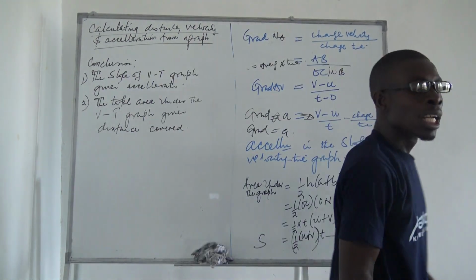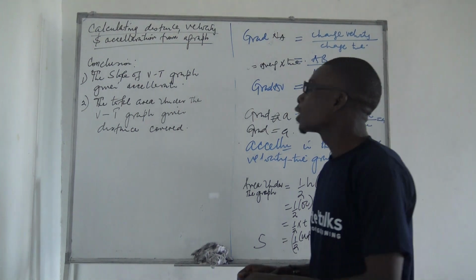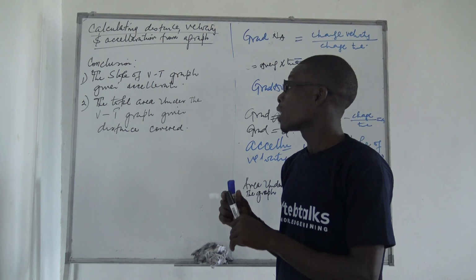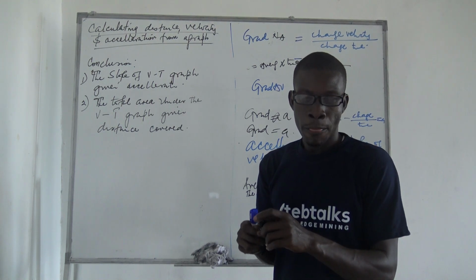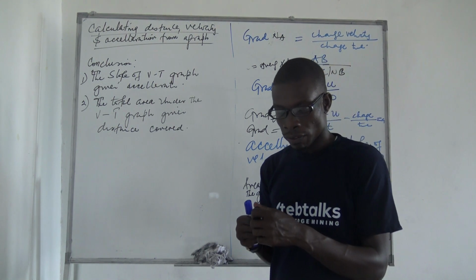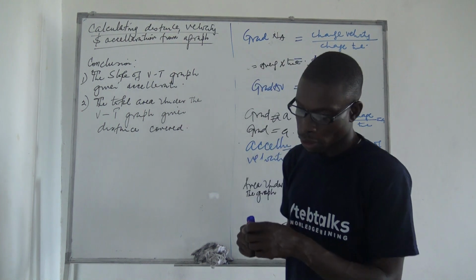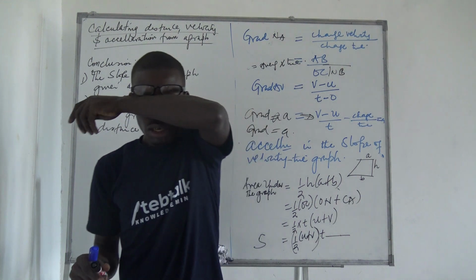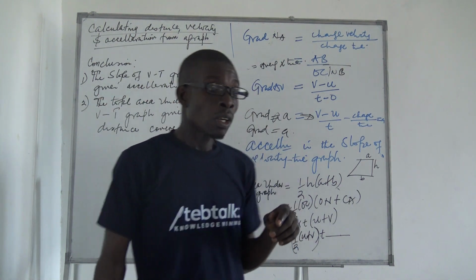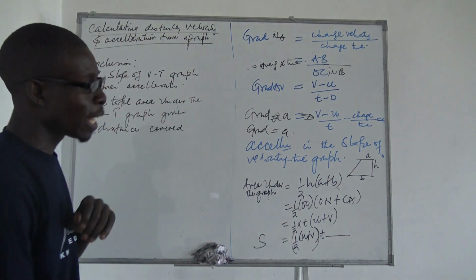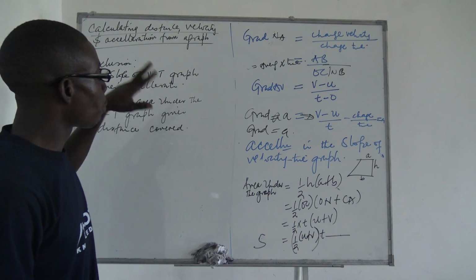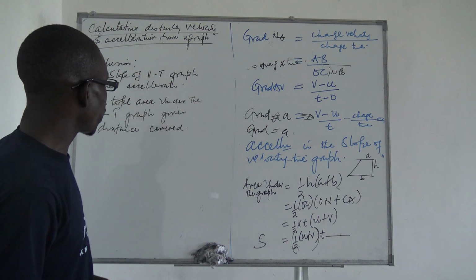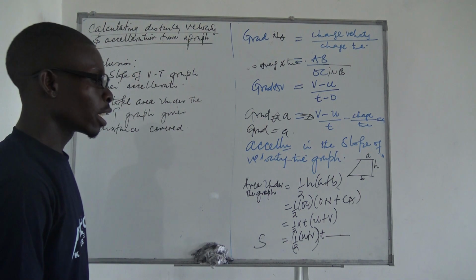Before we do any example, make sure that you know these two. If they ask you to sketch the velocity time graph, you should be in a position of knowing these two, because they will help us. The slope of the velocity time graph will give you acceleration, and the total area under the graph will be the distance covered.